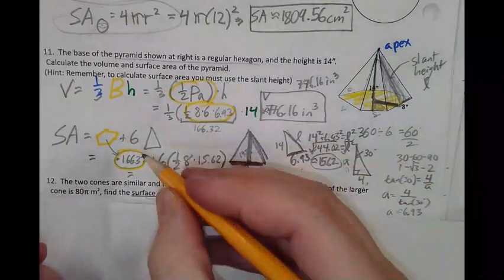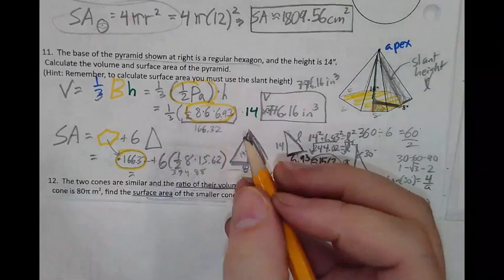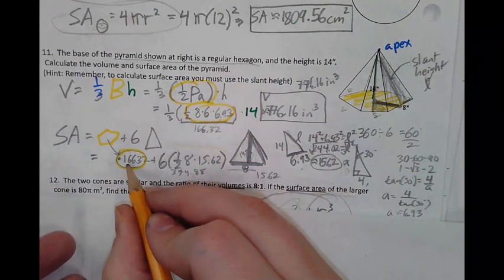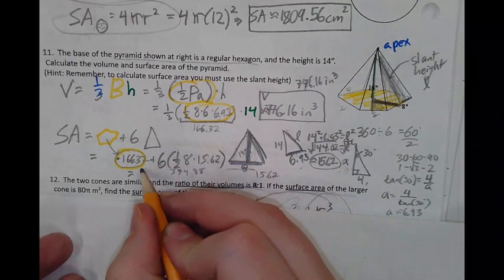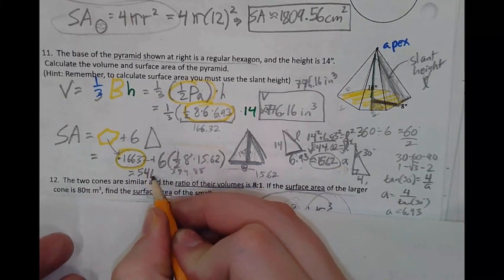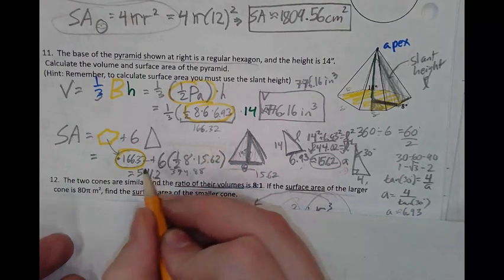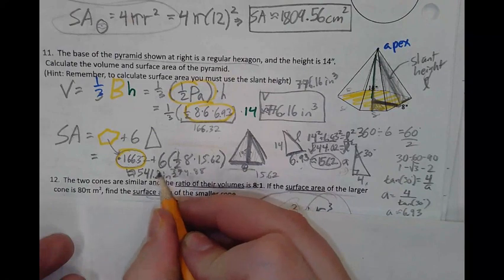So that gives us 6 triangles. Half of 8 times 15.62 gives us our surface area. 6 times a half times 8 times 15.62. It's 374.88.